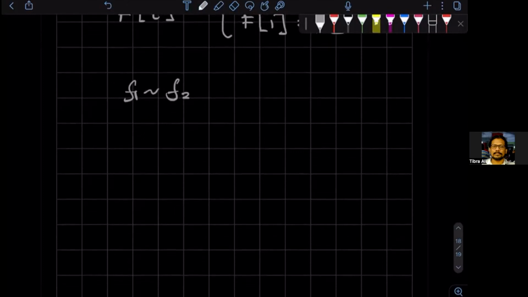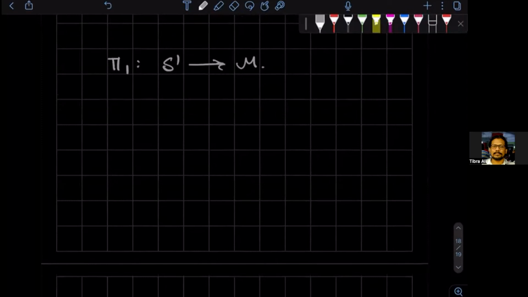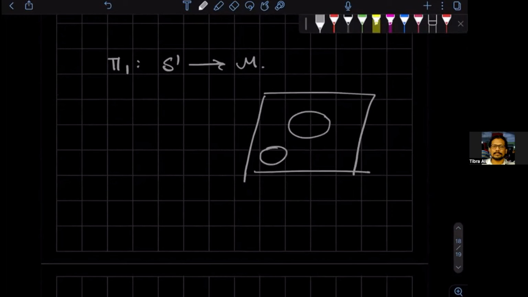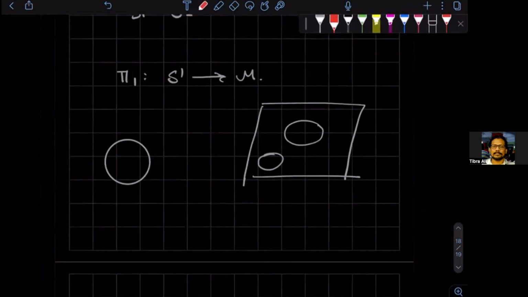An example is, say, pi1. These are the equivalence classes of maps from S1 to some space M. So suppose that our space is some space like this, where there are two holes. The holes are not part of the space. Now, I have a circle here, and from the circle I can have many different kinds of maps, right? I can have a map to a point, that's a trivial map.